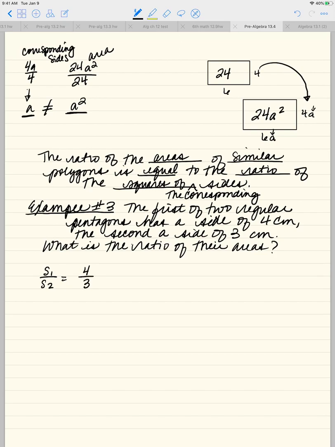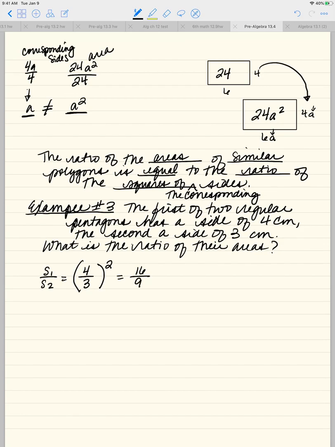And our principle of the areas says that the ratio of the areas is equal to the ratio of the squares of the corresponding sides. So if we want to find out what the ratio of their areas are, we just need to square the sides. Now, when we are squaring a ratio or a fraction, we raise both the numerator and the denominator to that power. So 4 squared is 16, 3 squared is 9.